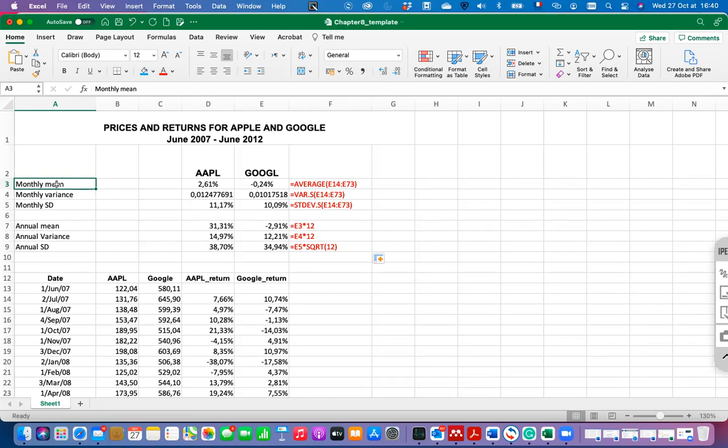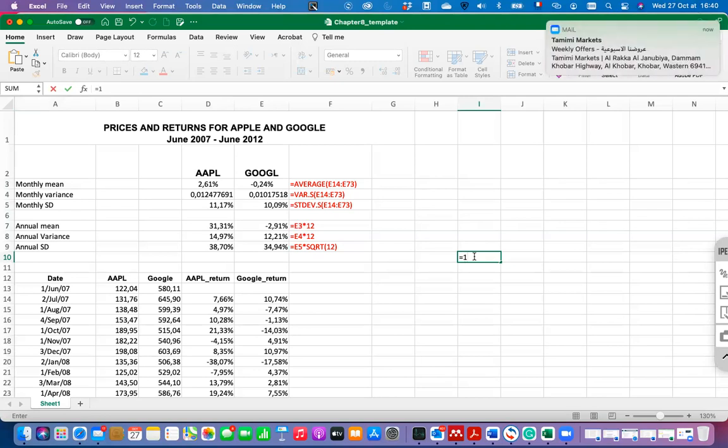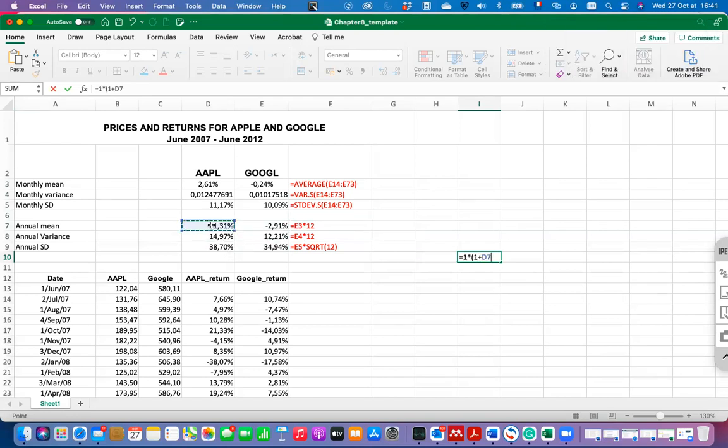Now for the second year, your initial investment plus the increase, both of them will increase by 31% and so on. So actually, when you invest $1 in Apple, after 1 year, you get 1 times 1 plus the annual mean, power 5.